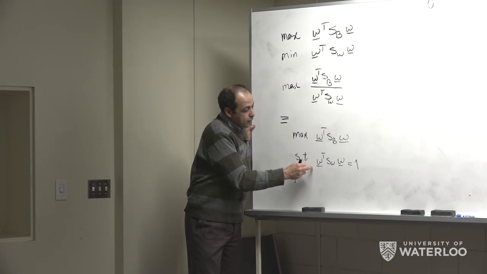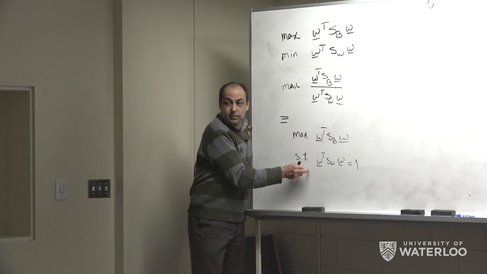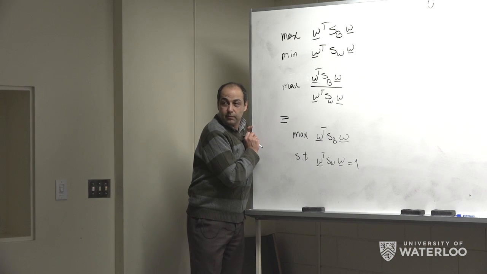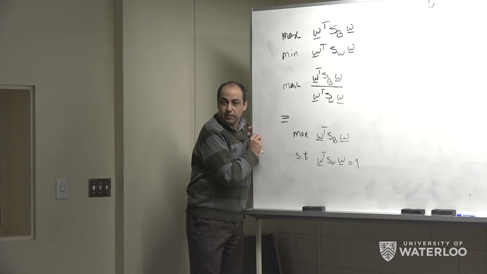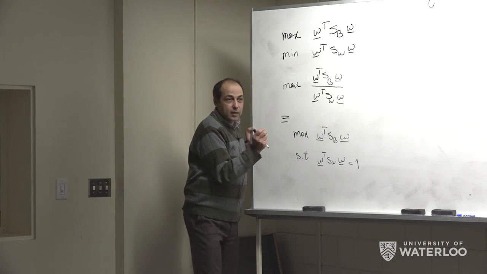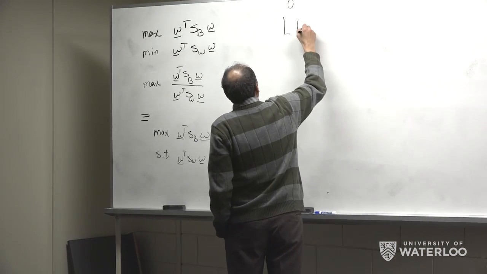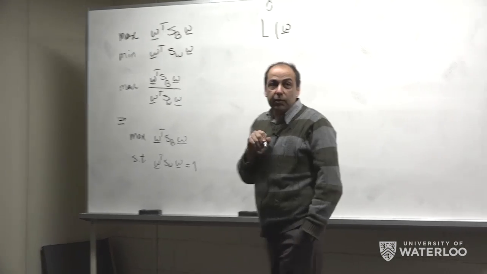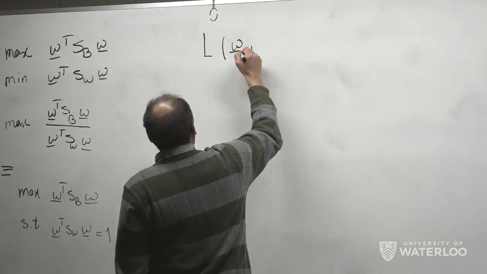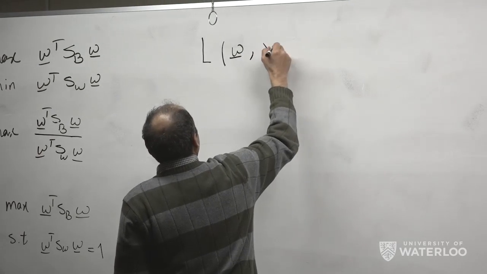So if I want to solve this problem, what can I do? I can write the Lagrangian, in terms of the primal variable and a dual variable.